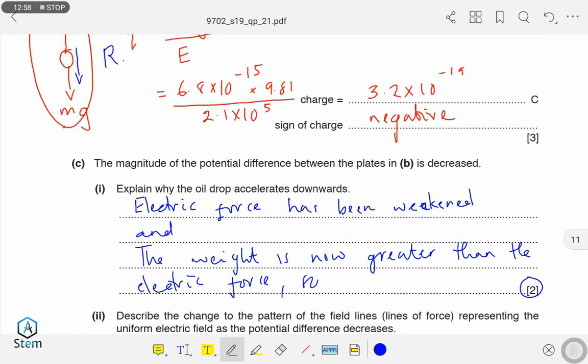So there is a resultant force acting on the drop. That is the reason why it would accelerate downwards. If there is no resultant, there will be no acceleration.